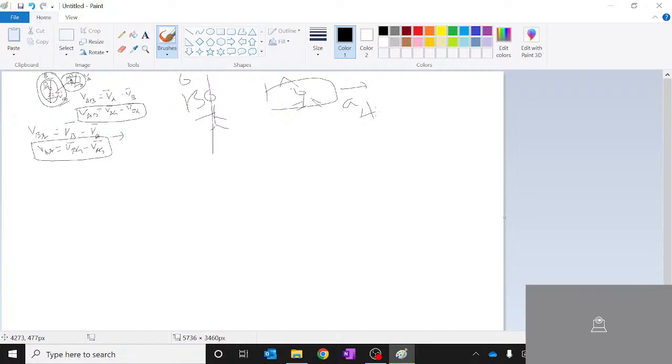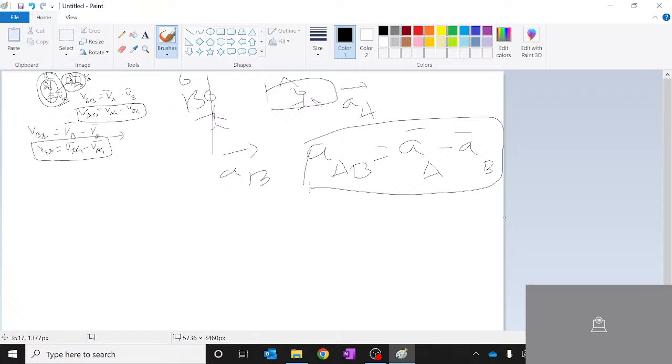Acceleration of A with respect to B is nothing but acceleration of A minus acceleration of B. Clear? Understood? Because the observer is B here, I am talking about acceleration of A with respect to B.